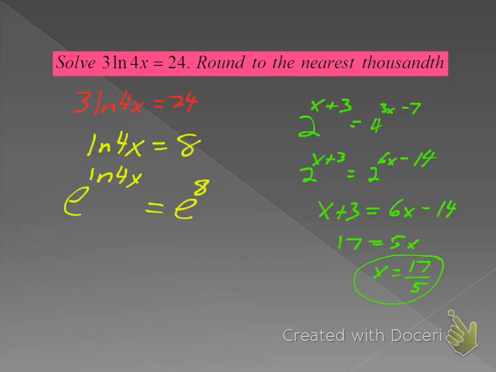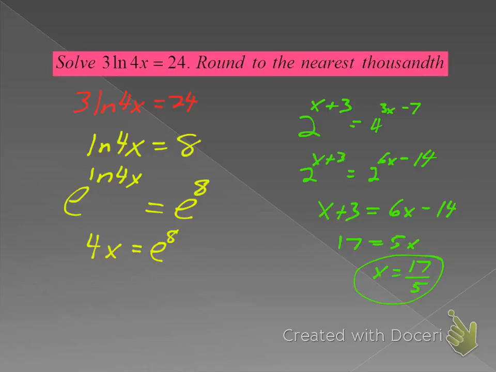Whatever you're left with, if you look at that pink slide, you're left with 4x equals e to the 8th. That 4x comes back down. The concepts whenever you start with a natural log are a little more complicated compared to when you start with an e, but it's the same kind of rules.